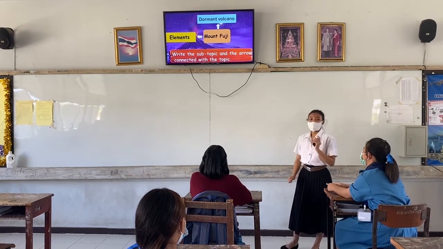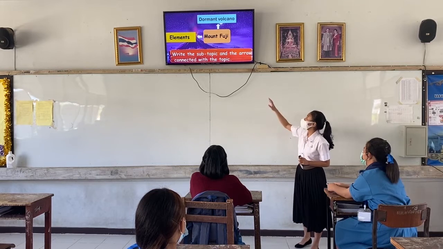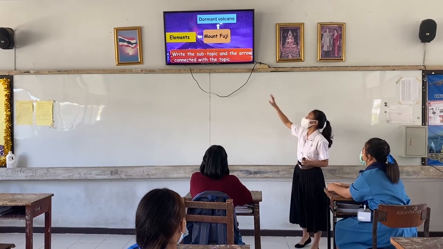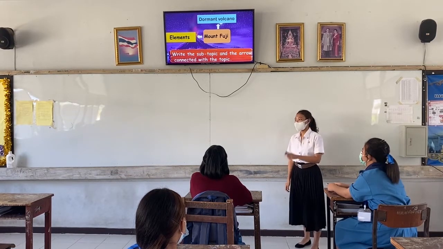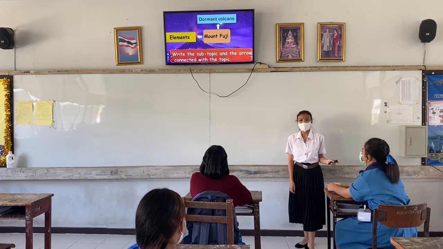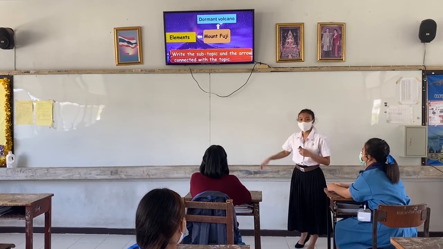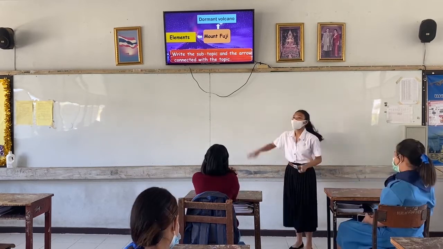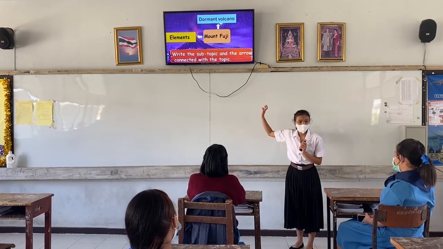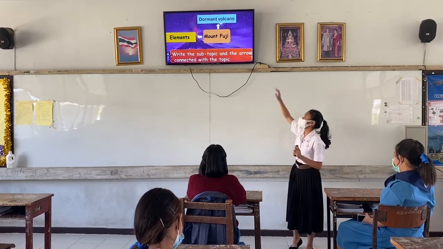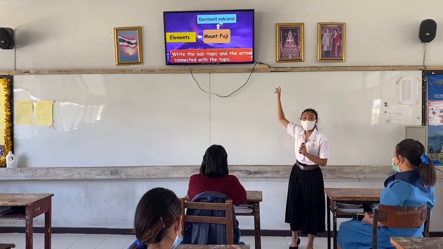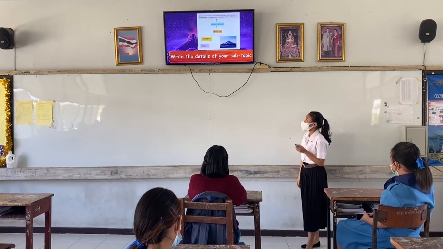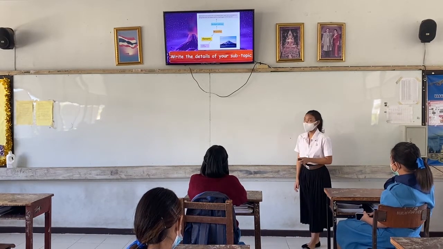Mount Fuji is the main topic and the dormant volcano is the subtopic. And then you draw the arrow to connect the topic and the subtopic. Okay, what is the topic? Mount Fuji, right? And what is the subtopic? Dormant volcano. Yes. And then you have to write the details.